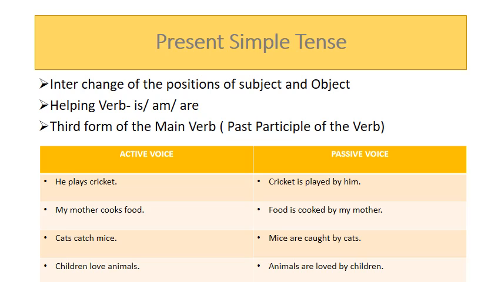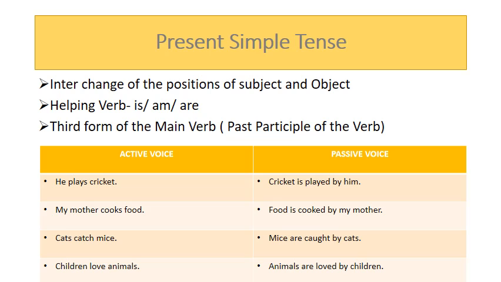Dear students, now we shall learn and practice how to change the active voice to passive voice. See the first example.